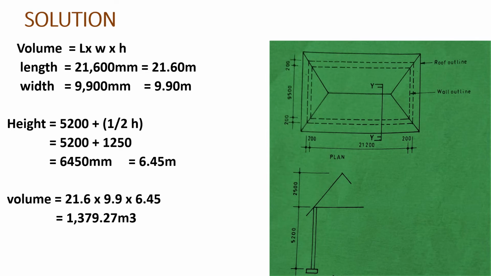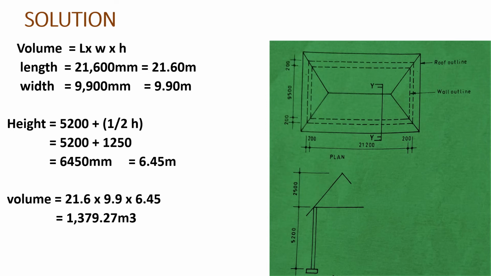Now for the height, if this is our h, then the total height will be h plus a half of this height. This height here is 2,500, then we take a half of it. Remember, this is a pitched roof, and sometimes you are told to illustrate using the cubic method how you are going to find the height of a pitched roof. So you just draw this plan, and then you show this is your height, and then this becomes your small h, which is half this height which you have been given here, 2,500.